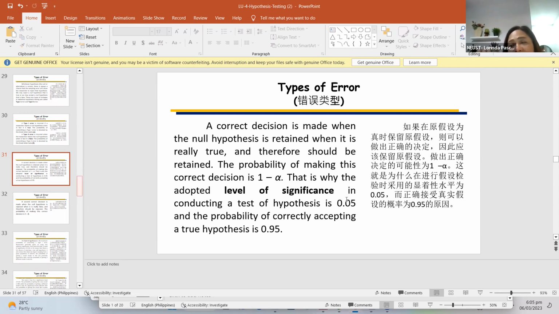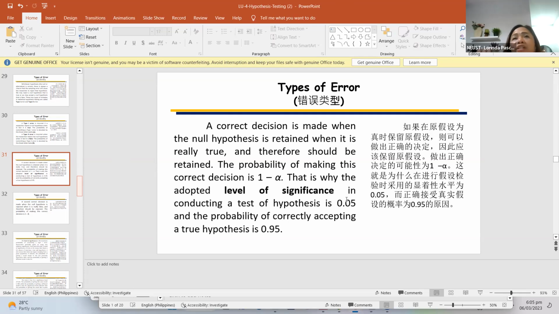Tapos, pero sa medical, something to do with medical, like for example, if you are a scientist or a medical practitioner who is developing a new treatment, tapos magko-conduct ka ng testing, tapos meron kang hypothesis, effective ba yung treatment na to, itong drug na to?